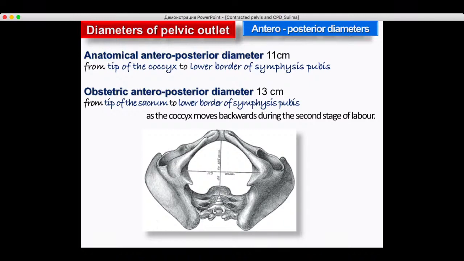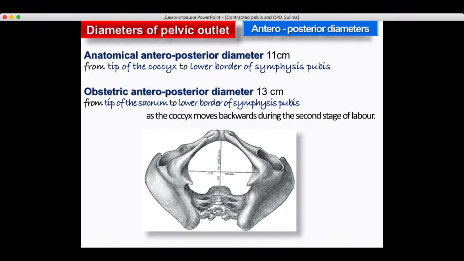The obstetric anteroposterior diameter is from the tip of the sacrum to the lower border of symphysis pubis, and it's equal to 13 centimeters.